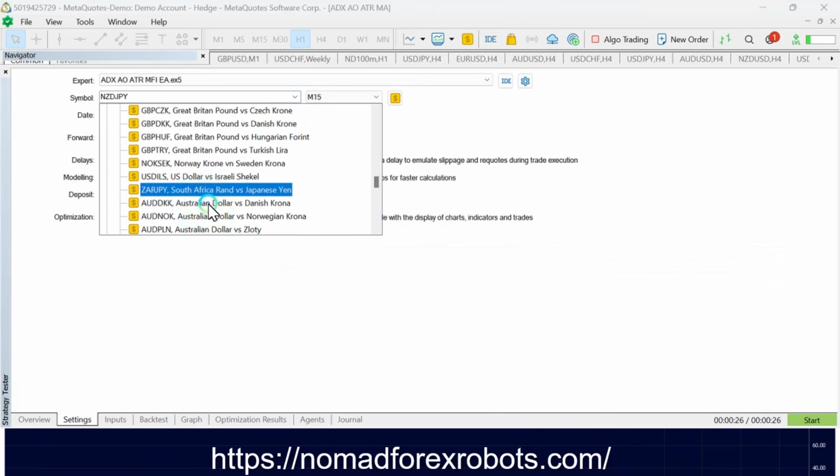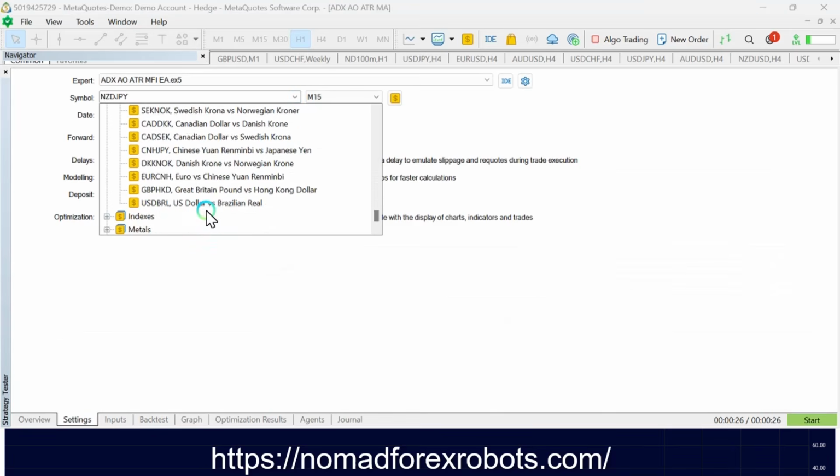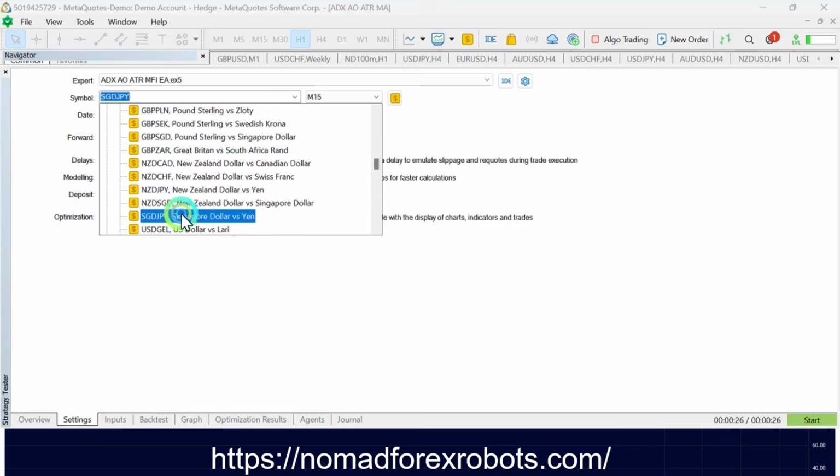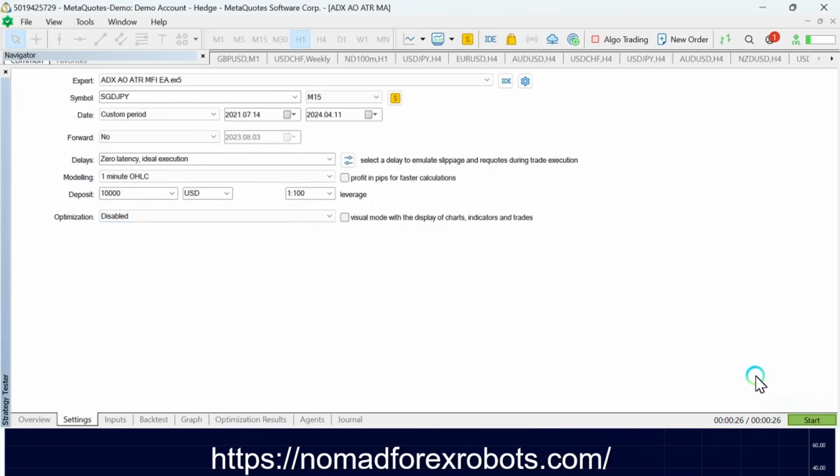Now I won't test it on this one, but maybe test it on this currency pair as the last time. And if you didn't see the video that I made last time, watch that as well, because it is very useful for algorithmic trading.